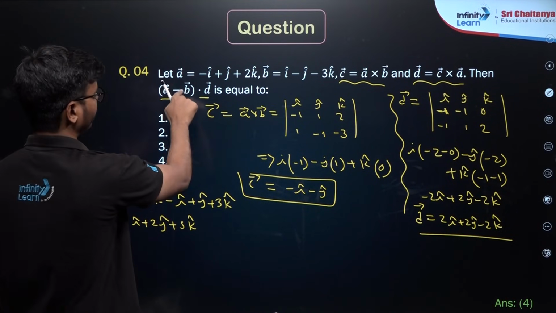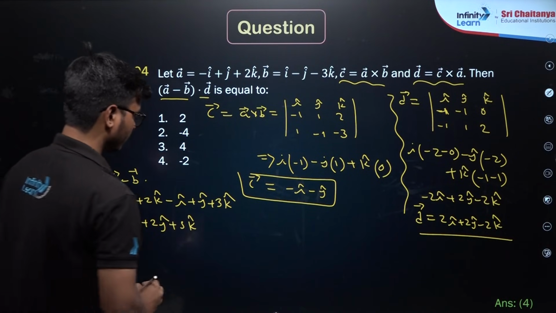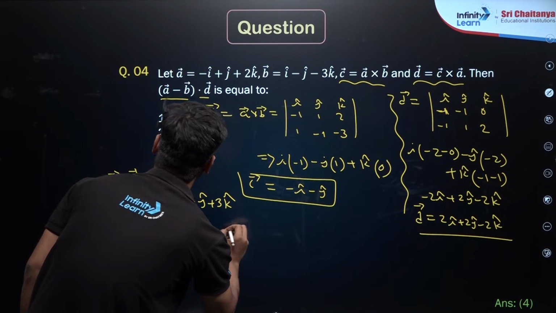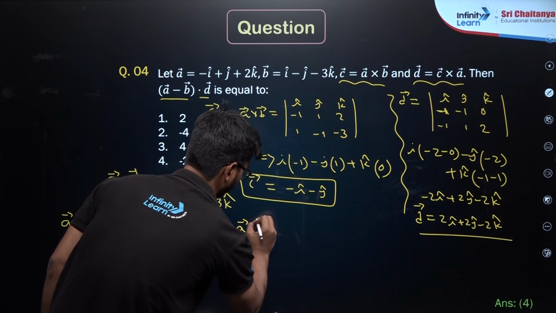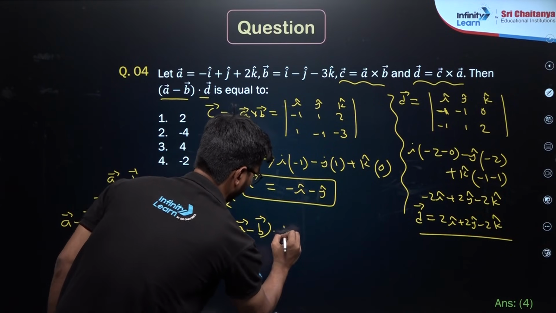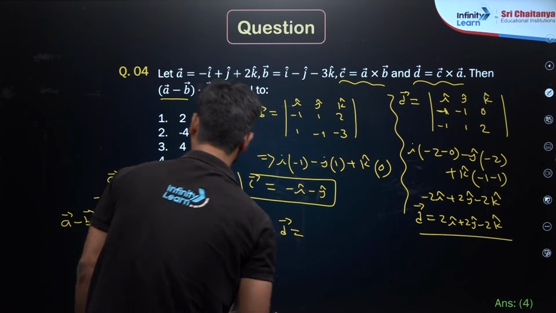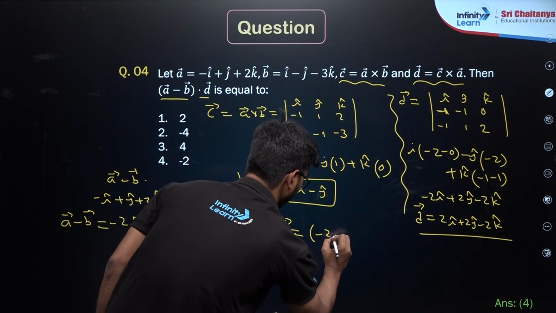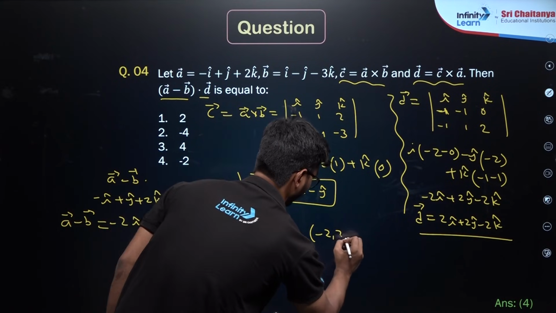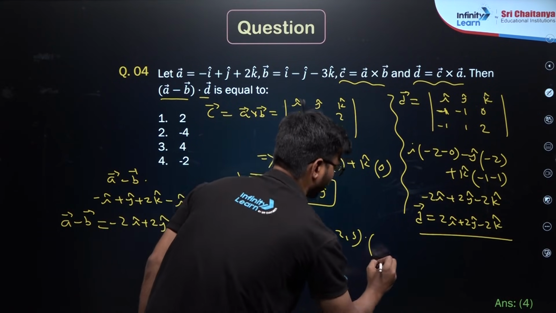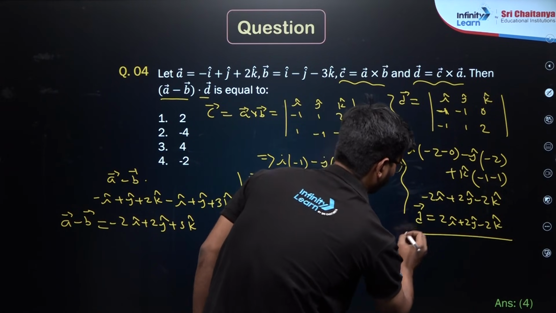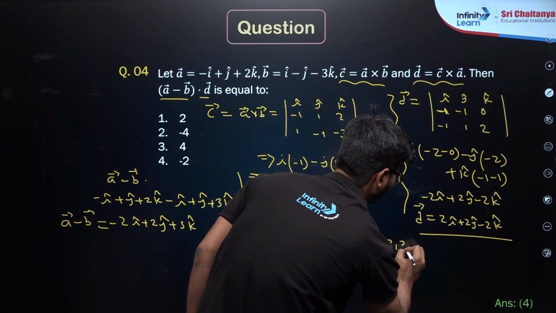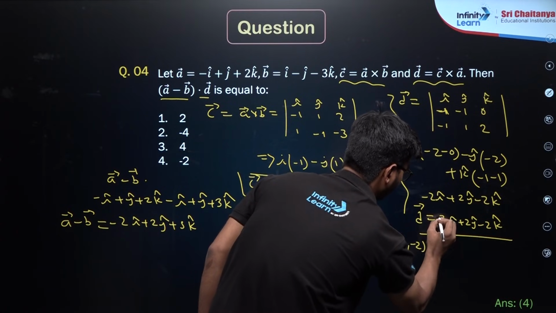Now I want A minus B vector dot product with D. So let's solve. So I am going to have A minus B dot product with D is going to be minus 2, 2 and 5 dot product with D. D is my minus 2, 2 and minus 2, correct?